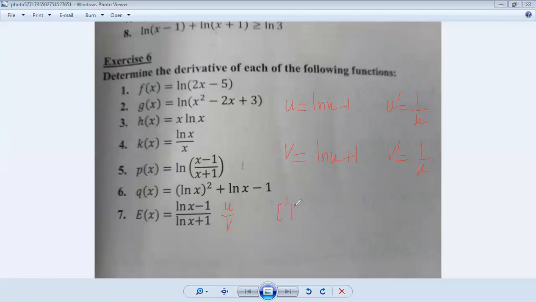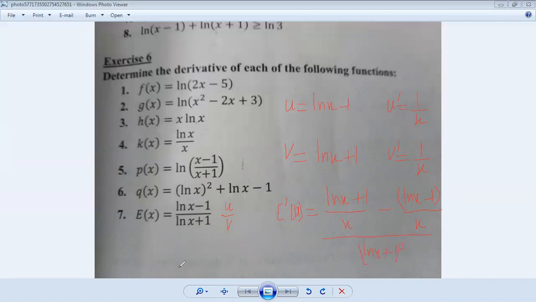p prime of x is equal to u prime times v, which is ln x plus 1 over x, minus v prime u, which is ln x minus 1 over x, over v squared, ln x plus 1 squared.